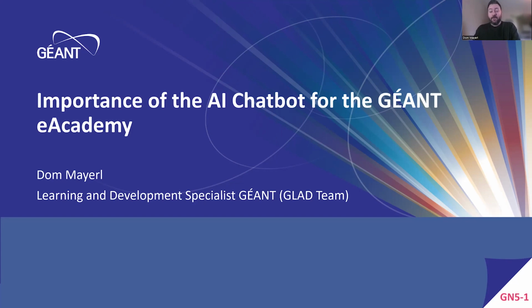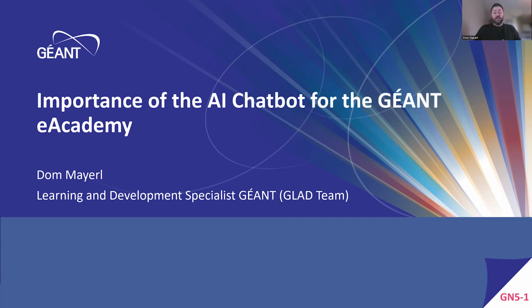And for me, I just wanted to start by talking about what the GÉANT eAcademy is in general. So the whole eAcademy, on which the OAV, network automation, quantum and time and frequency streams are, is an online learning platform created by the community for the community. It offers a range of accessible, high quality learning to enable users to develop technical skills and professional competencies anywhere and at their own pace.